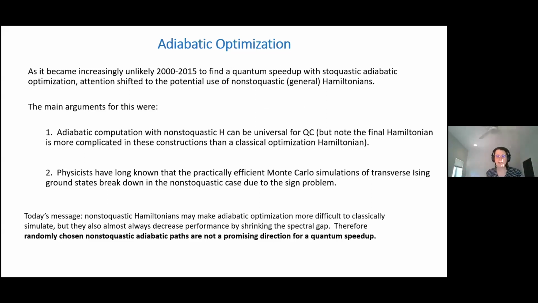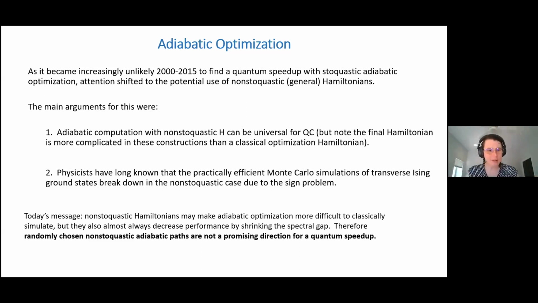And then if you have a sign problem in your Hamiltonian, then this special property of the path integral goes away, and all that story about Suzuki's Monte Carlo method no longer applies. And so the practically efficient simulations break down. So today's message is that these non-stochastic Hamiltonians do make adiabatic optimization more difficult to classically simulate.